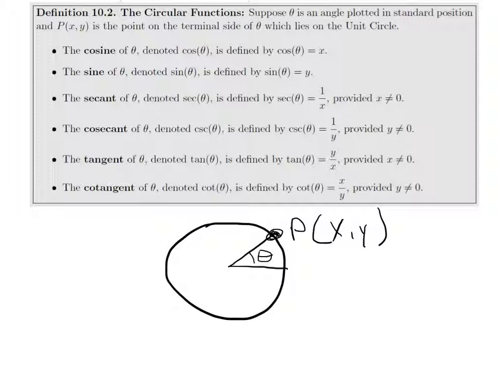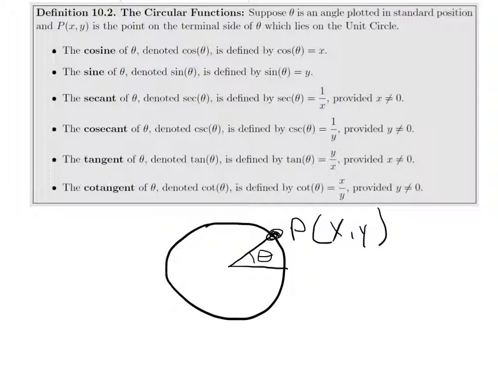Cosecant, CSC, is 1 over y. That is related to the sine. Tangent is y over x, and it's tan. And that is a combination of both sines and cosines. And then cotangent, COT, is x over y.